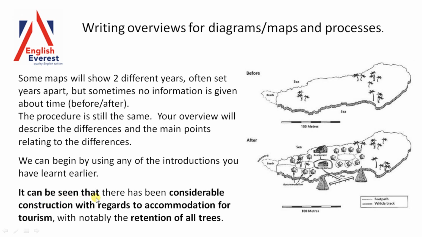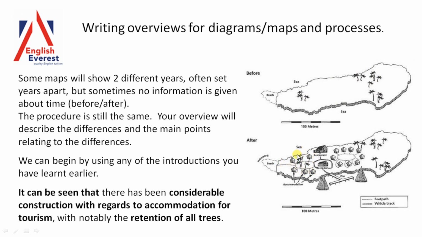It can be seen that there has been considerable construction with regards to accommodation for tourism, with notably the retention of all of the trees. So, before picture, all of the trees are there, nothing in terms of construction.